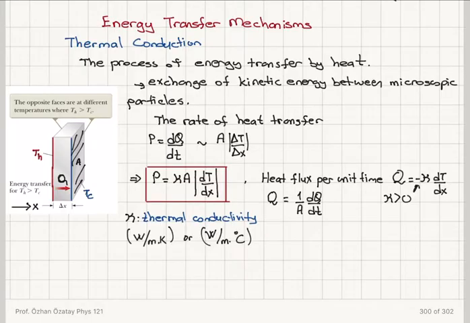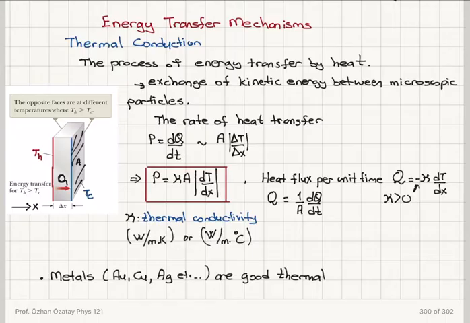Now there is an interesting situation when you have two materials in contact, but before we get into that, let's note here that the thermal conductivity is pretty high for metals. So for some substances we have very good thermal conduction. Metals such as gold, copper, silver, etc. These are good thermal conductors, so they have a high thermal conductivity.